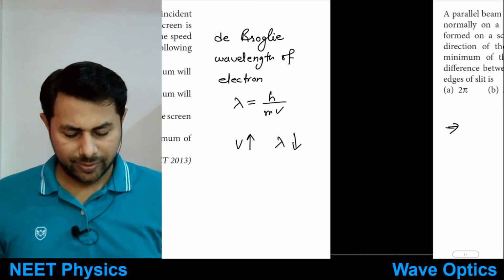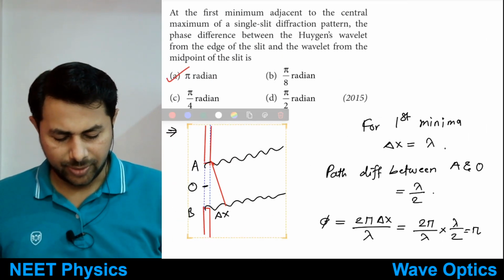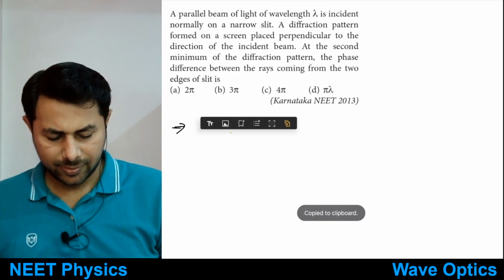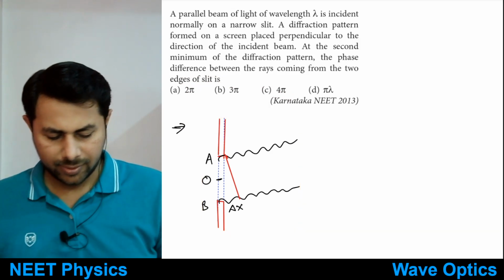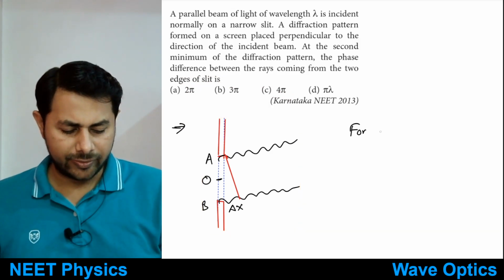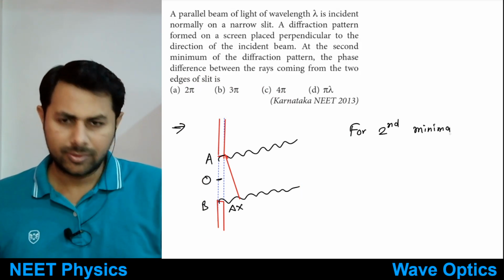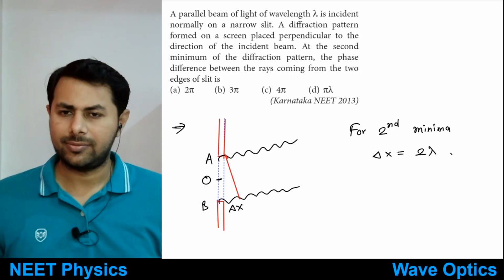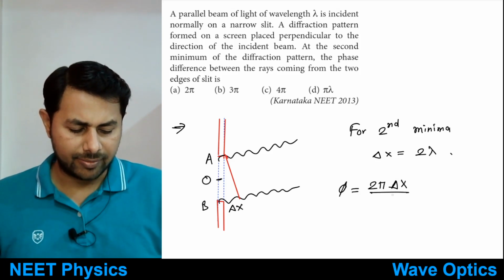Now you want the phase difference between just the two edges, that is point A and B. So for the second minima, delta x is equal to 2 lambda, and therefore what would be the phase difference? Phi is equal to 2 pi times delta x by lambda.